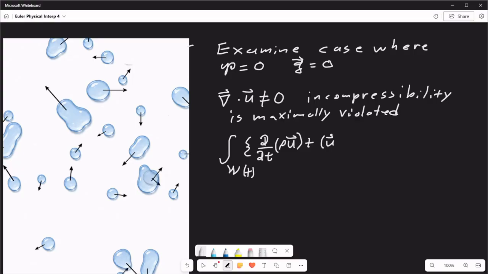And it has a u vector, and then there's the rho, except that's not a gradient there. No, that's not a u, just a gradient.